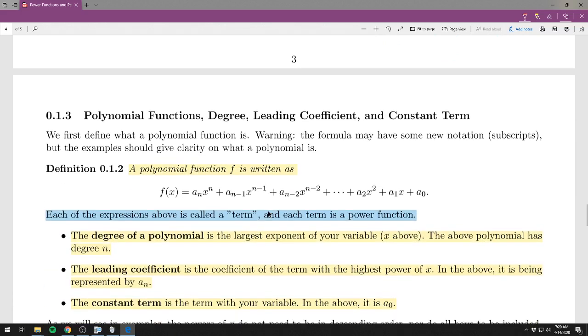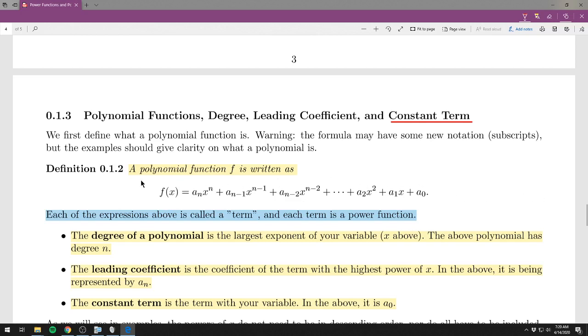All right, so the next part of this section: polynomial functions, degrees, leading coefficients, and one thing that we will not really use a lot of yet, but is going to come into place, I'm just going to mention it now, is something called the constant term. The definition of a polynomial is typically pretty overwhelming, just the way it looks.